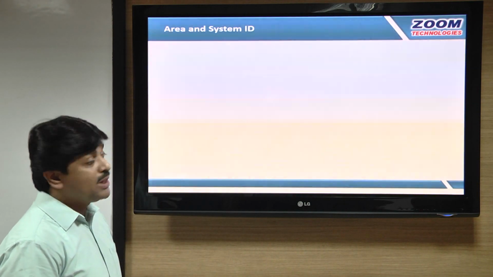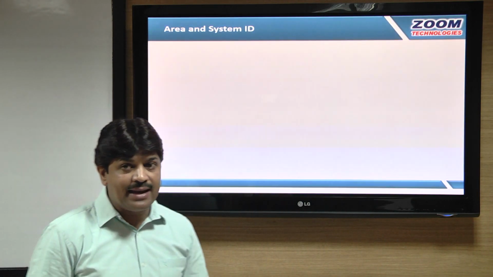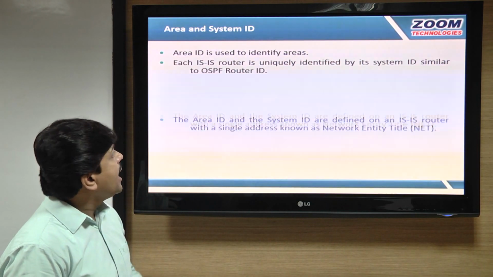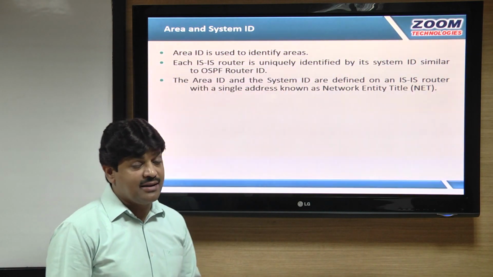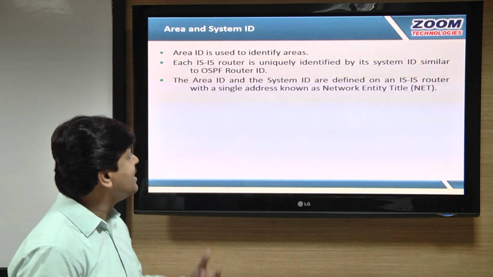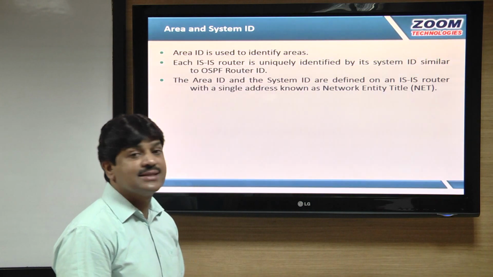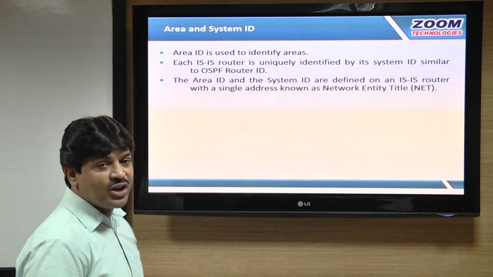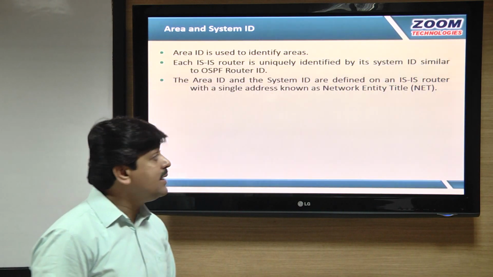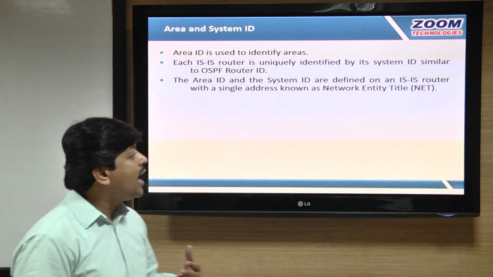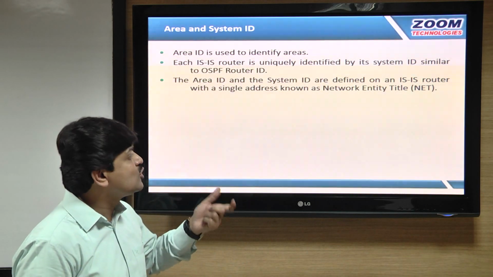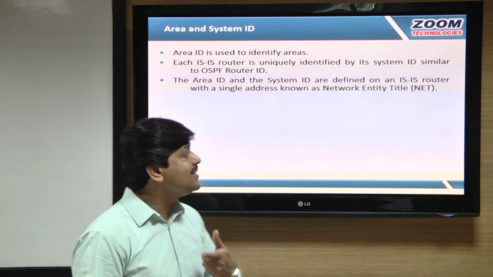And this is the update process. It uses areas, and we have area ID and system ID, right? Area ID is used to identify areas, and each IS-IS router is uniquely identified by its system ID, similar to the OSPF router ID. The area ID and the system ID are defined as an IS-IS router with a single address known as the network entity title.